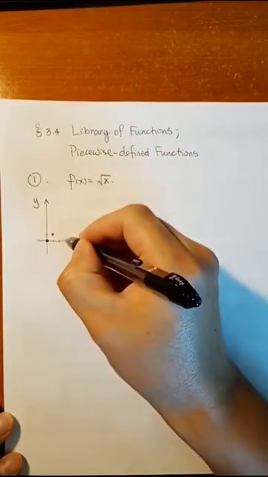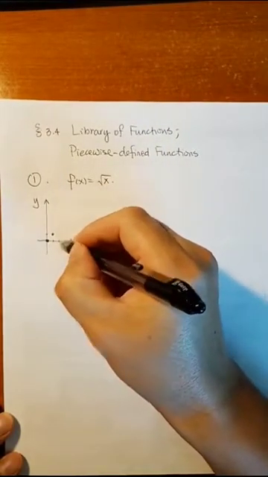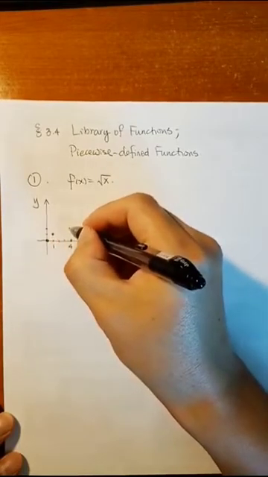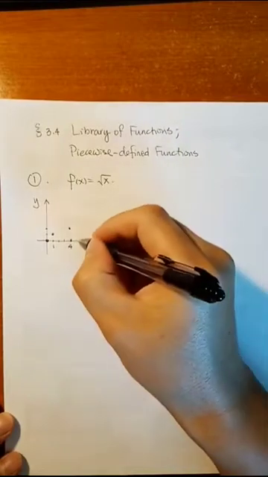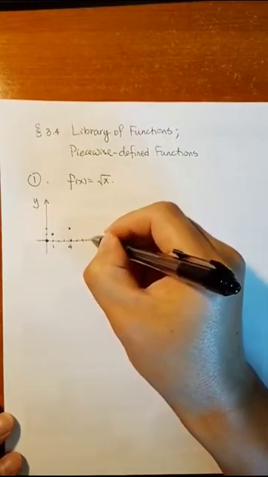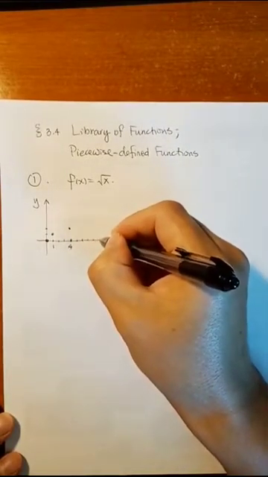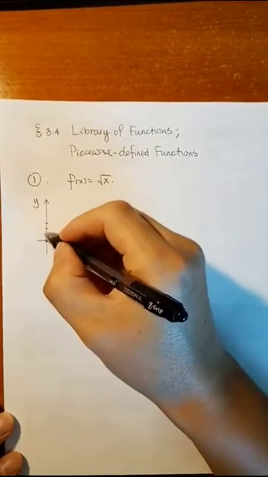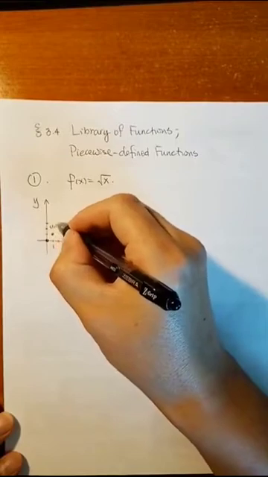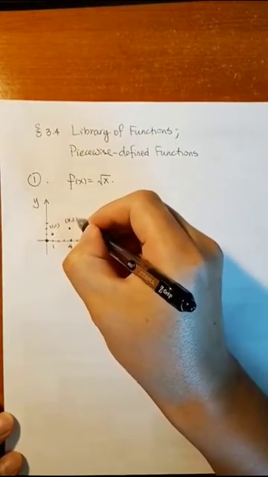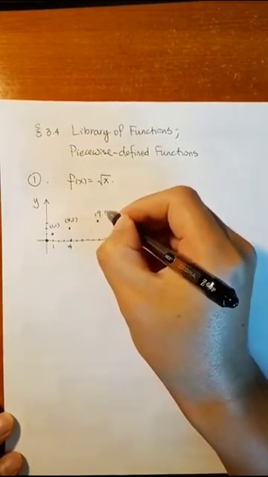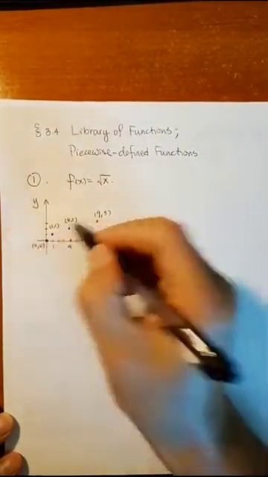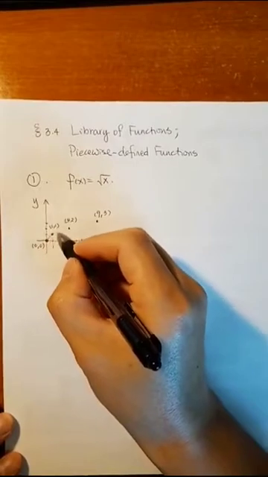So 2, 3, 4. This is 1, this is (4, 2). When x is 9, the square root of 9 is 3. So 5, 6, 7, 8, 9. So 3. So we have (1, 1), (4, 2), (9, 3), the x, y coordinates, and (0, 0), of course. And you connect them.